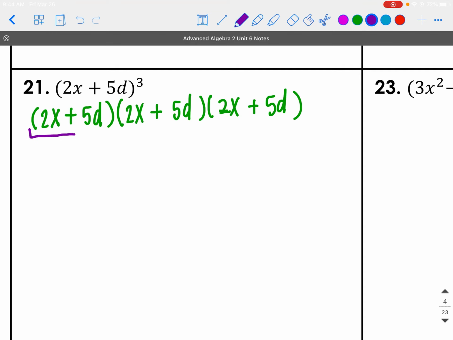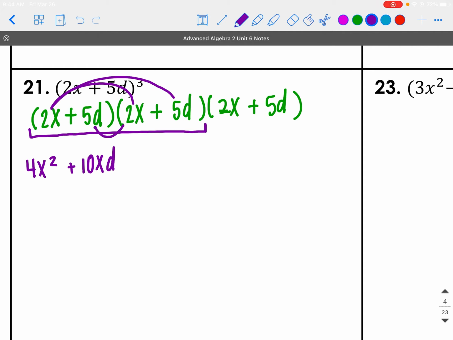So let's start with these two. All right. This would be 4x squared plus 10xd plus 10xd.